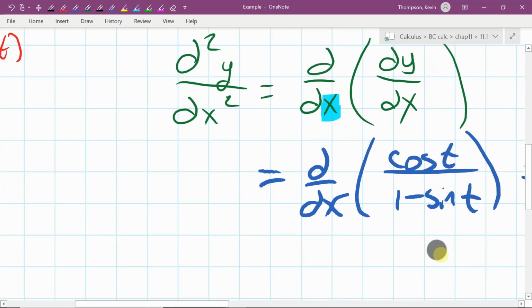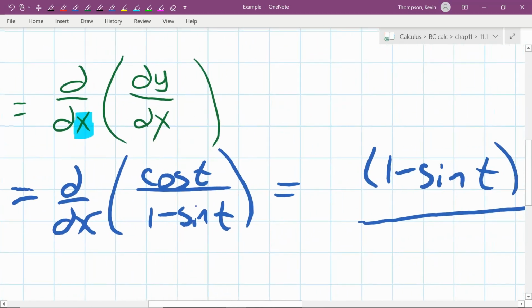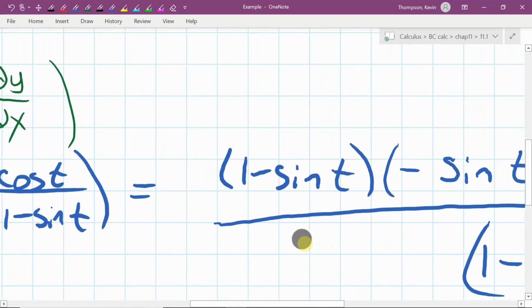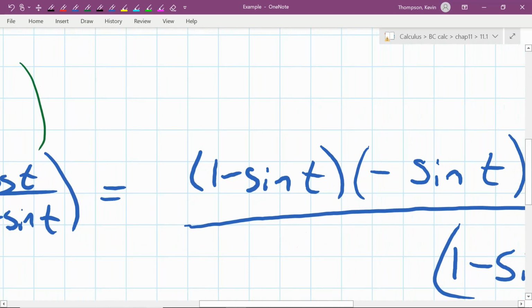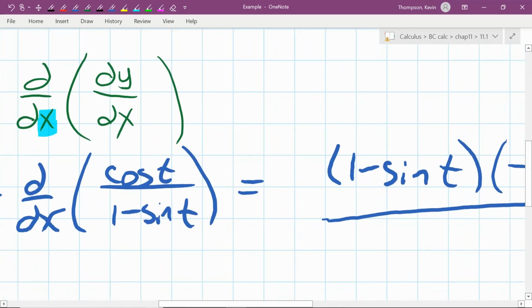Quotient rule. So low, d high, what do I have to have right here now? Right now? Nope, before I finish. I have not finished taking the derivative of the cosine of t. Should I write a dt dx or dx dt?